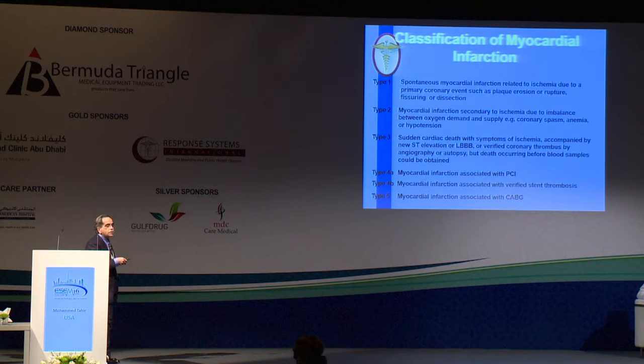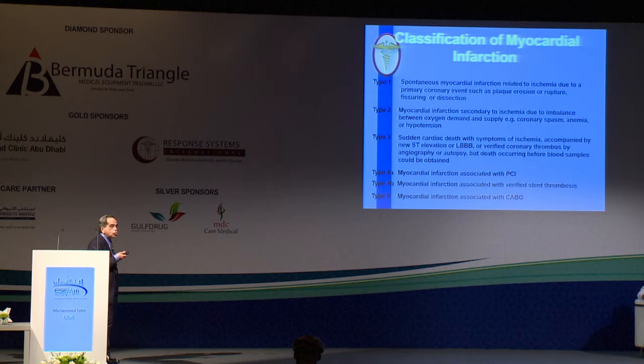The type 3 is a sudden cardiac death where there is not enough time left to do anything, but they usually have ischemia, and they usually die because of an ST elevation, and nothing could have been done by that time. And type 4 is the one when you do a stent placement, PCI, intervention, you damage the intima, you get an elevated troponin. And the type 4 is the one where you have stent thrombosis.